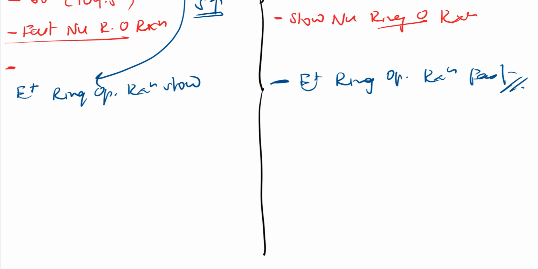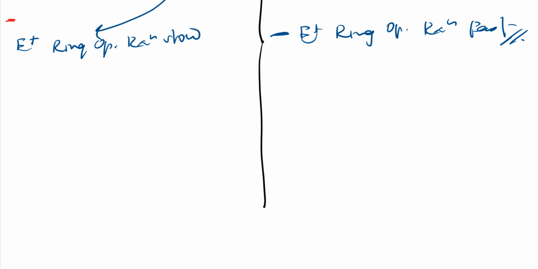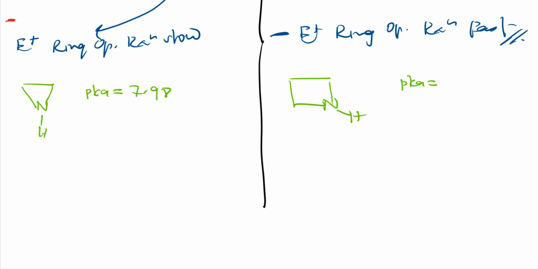First, let us see azetidine. The structure is like this. If you see the pKa, it is around 7.98 for the three-membered ring, whereas for this four-membered nitrogen-containing ring, its pKa is around 11.29.